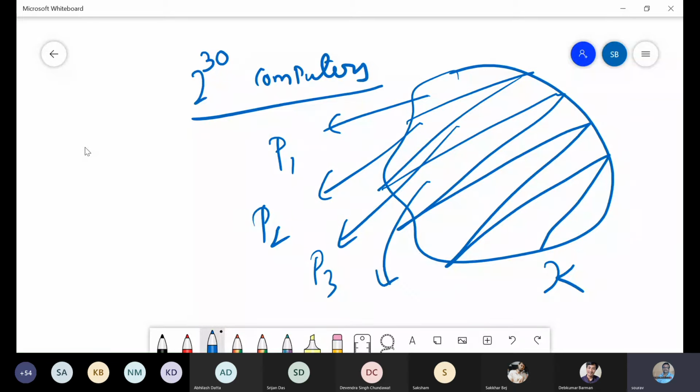This is what is called parallel computing. They are disjoint, so they just run in parallel, searching in their particular assigned part.